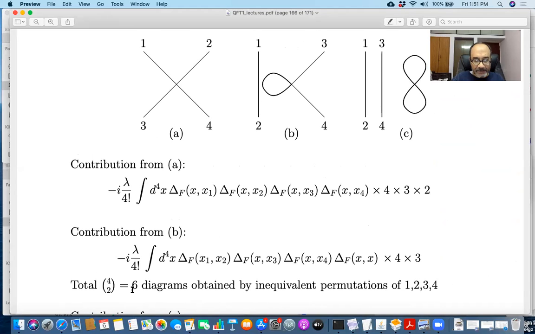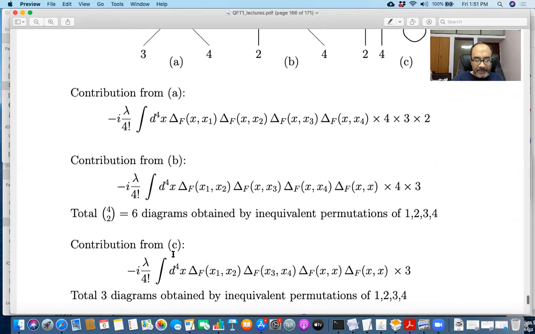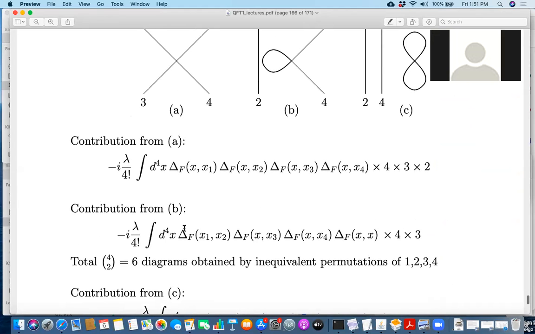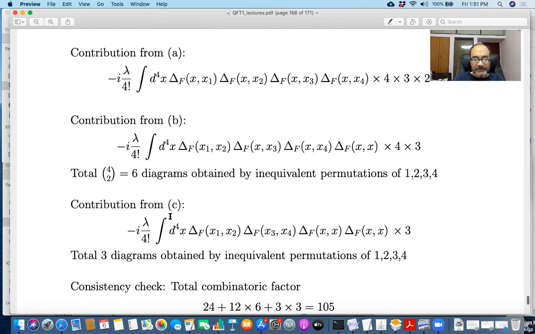This is what I have said here: below this line, there are 6 diagrams of this kind. But those are not part of the combinatoric factors, because you have to write a separate expression. Yes, you certainly have to take them into account. So the actual expression will have this plus 6 terms like this, and then 3 terms like this.